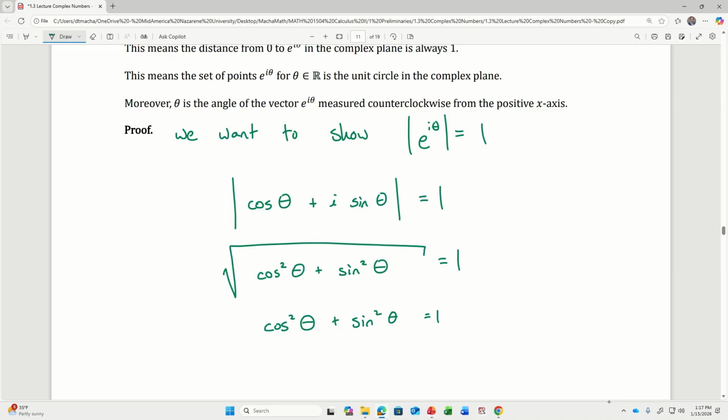And we get this. This is a trig identity, and it's a pretty easy trig identity to prove using the Pythagorean theorem, right? Here's a triangle with angle theta.